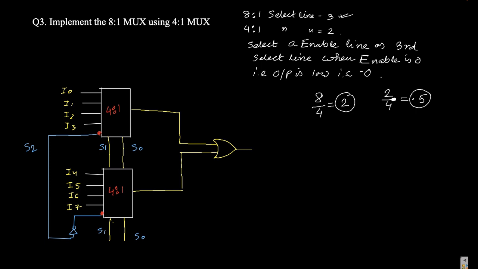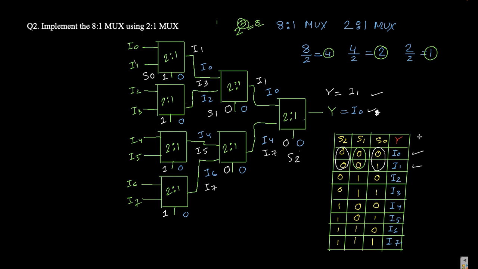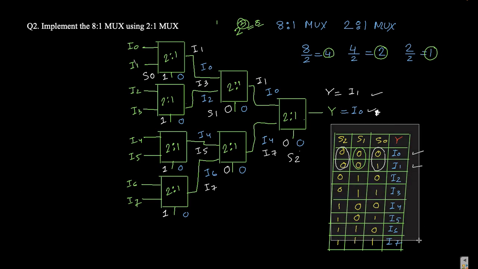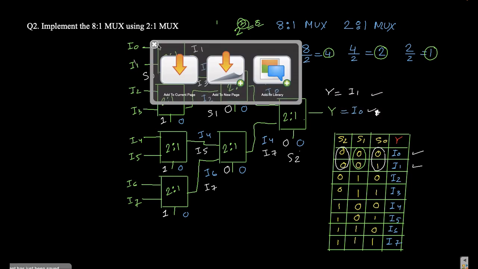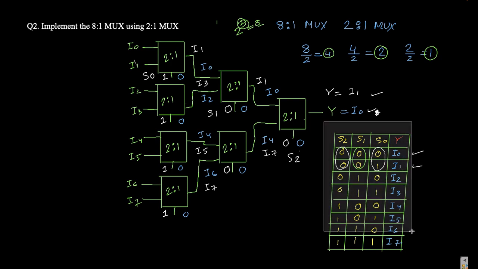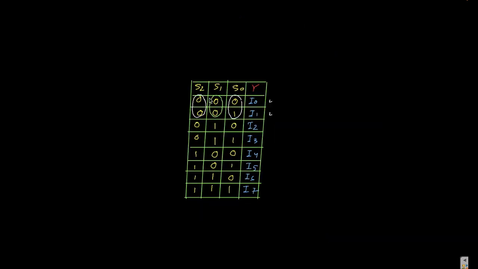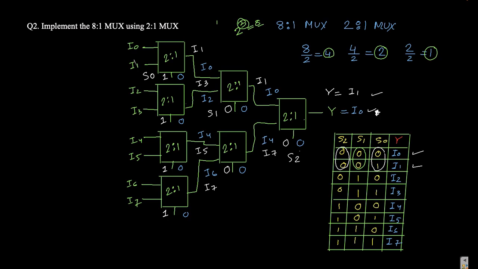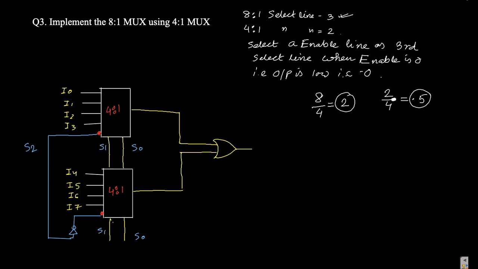Now again we are taking this same one. Now we should draw the table for that: S0, S1, S2 and S3.